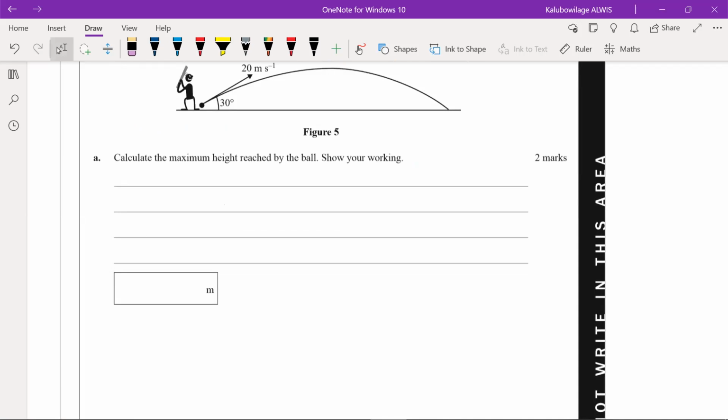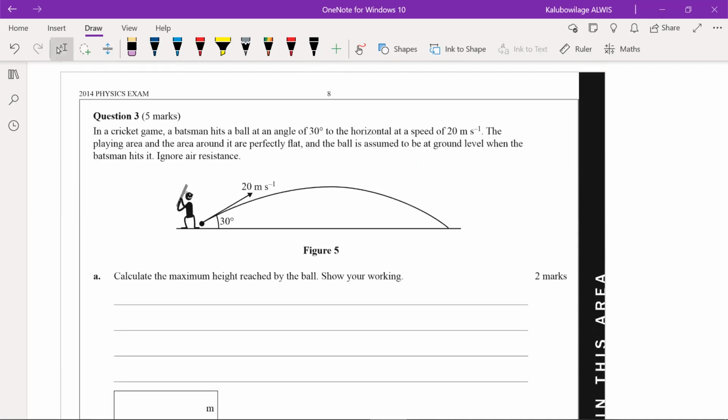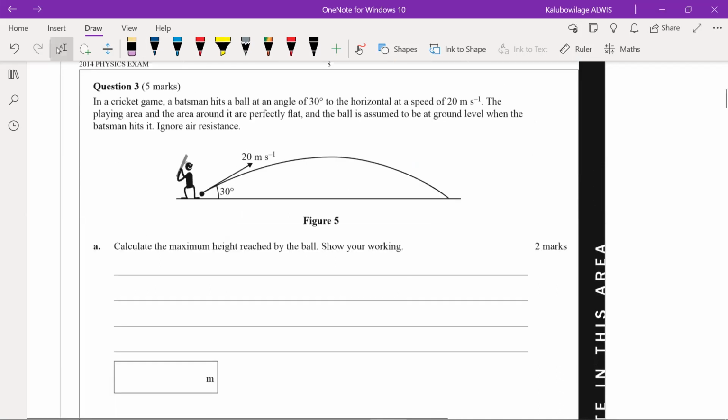For this projectile question, the angle is 30 and the speed is 20 meters per second. Calculate the maximum height. Again, it's a constant acceleration formula: v squared equals u squared plus 2as.